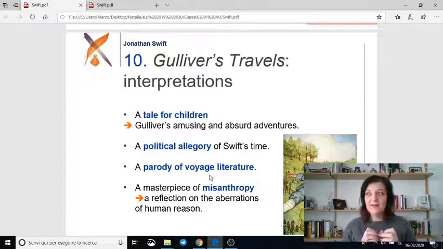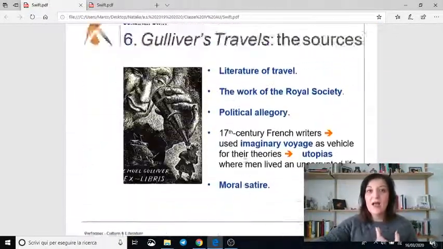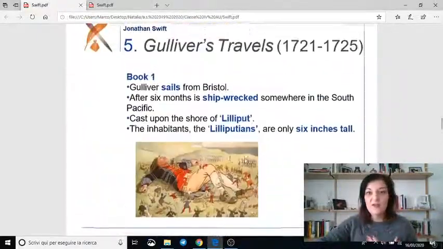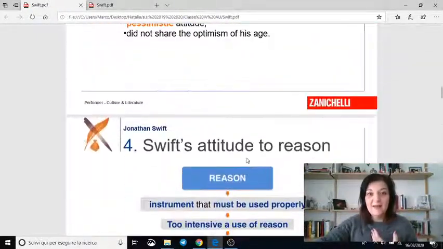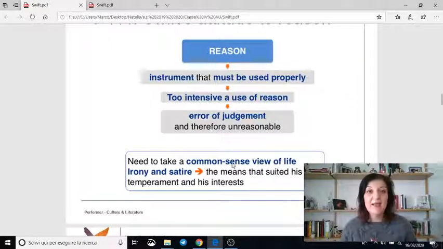He thinks about the condition of human beings and how human reason can change the way we see the world, how human reason alone, as we said, is not enough, but it has to be linked with common sense. It is an instrument that must be used properly.